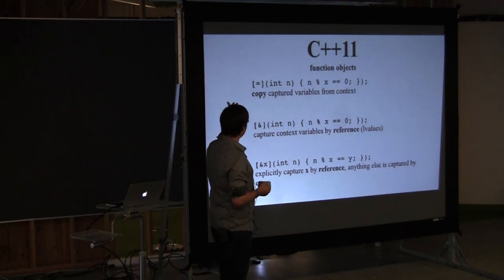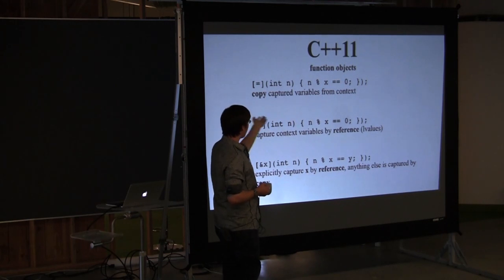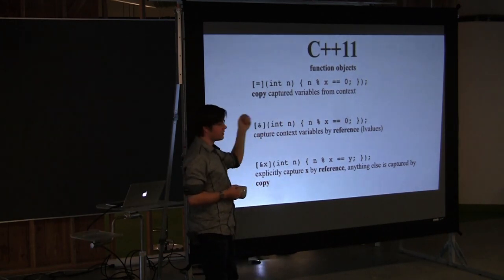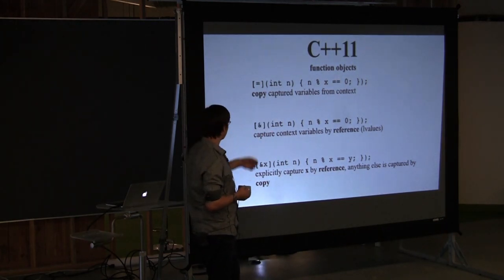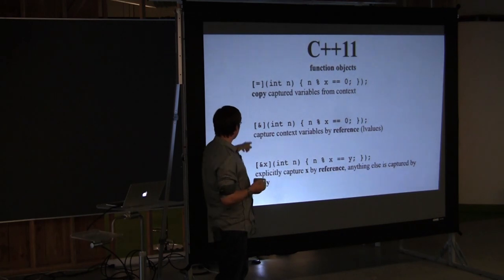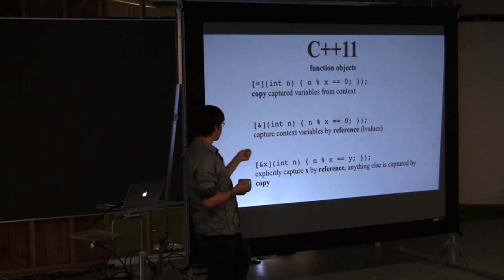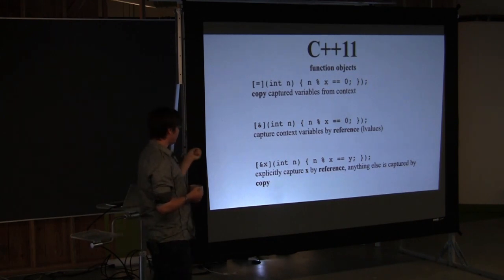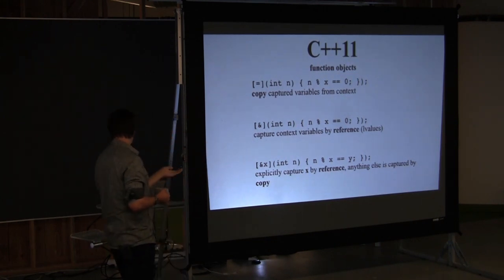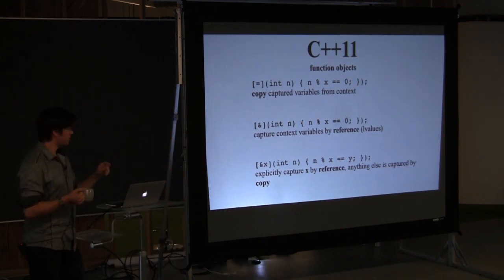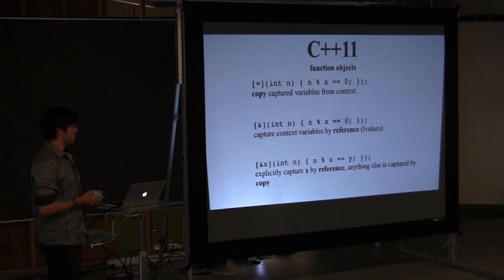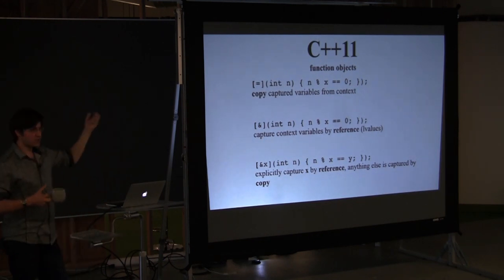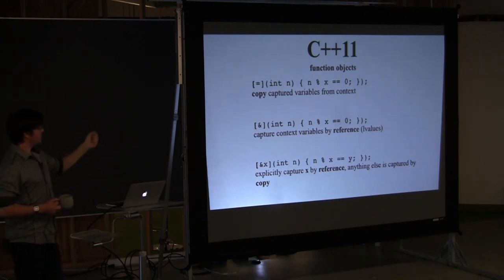In the example, I had an equality sign, which means capture all variables that you mention by value, by copying them. If you say an ampersand in there, it means capture all variables by reference, which means lvalues. That's language lawyer speak for something that you can modify. So if you have a value outside of the lambda expression that you want to be able to modify inside your expression, you do that.